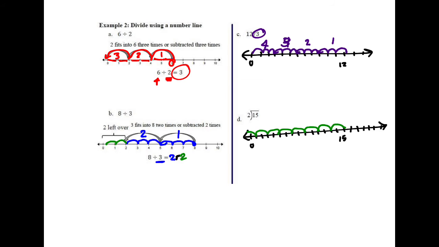Now if I go 1 more, I'm past 0, right? So I had 7, and then this 1 right here is our remainder. So 7, remainder 1.